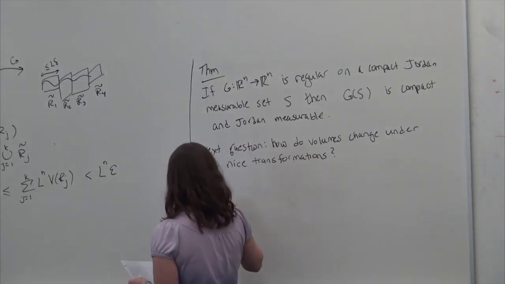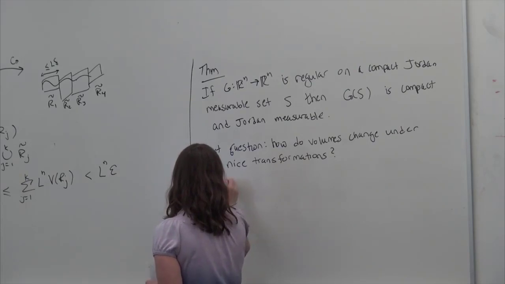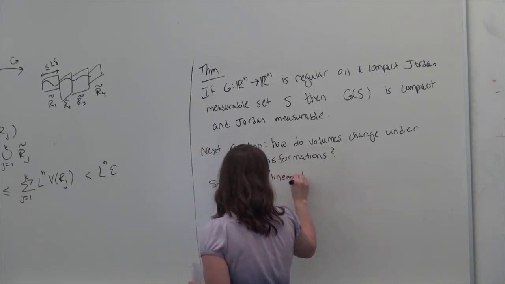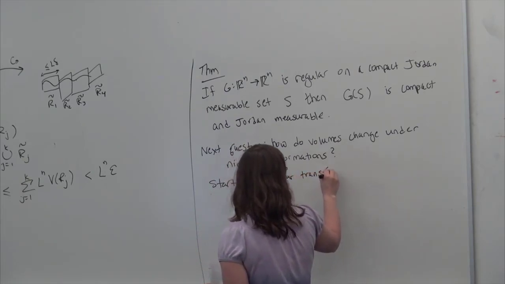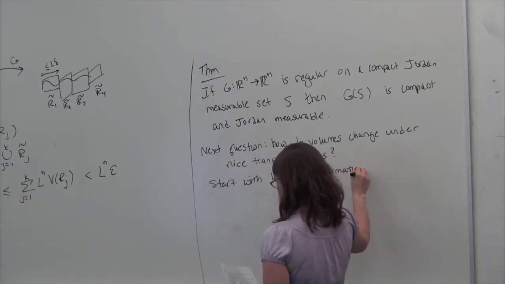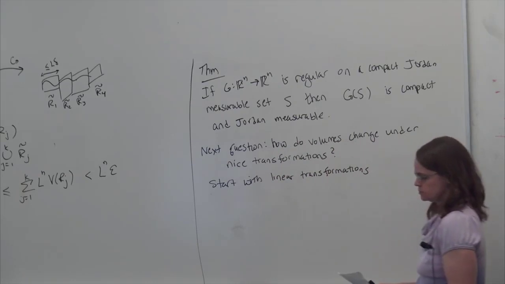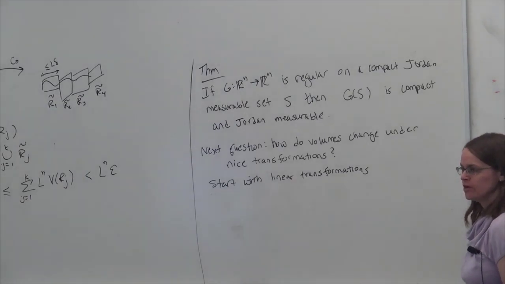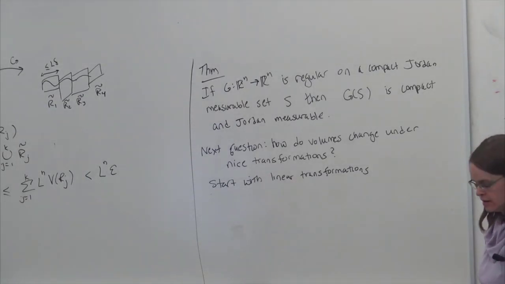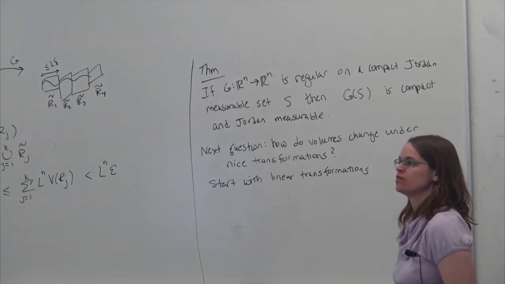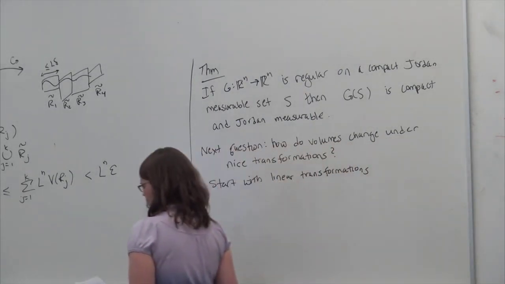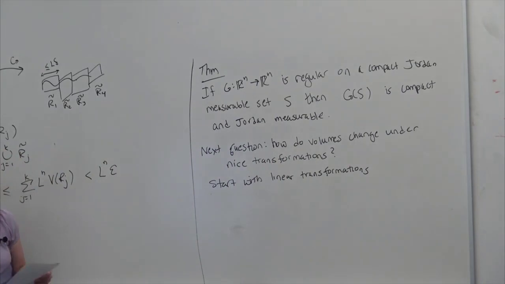Okay, so let us start with linear transformations. All right, my starting place is going to be linear transformations on rectangles. In fact, I'm going to start with easy linear transformations on rectangles. And we'll build things up to more complicated things as we go.